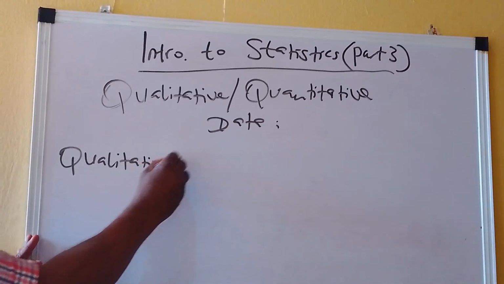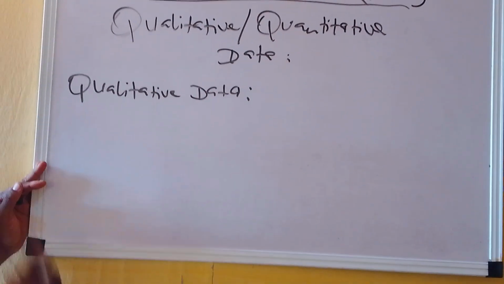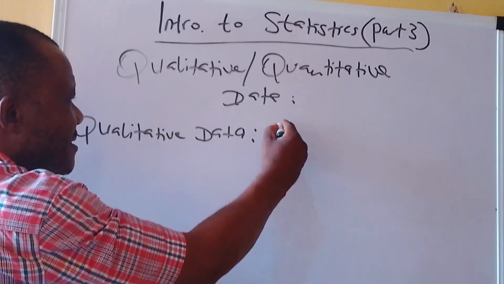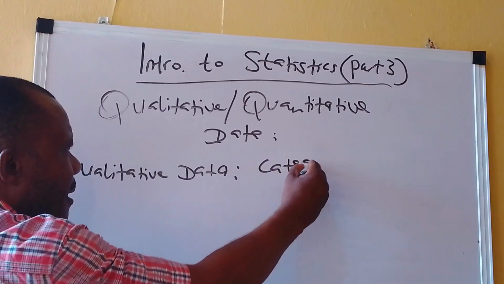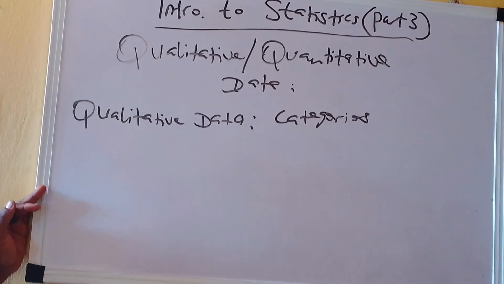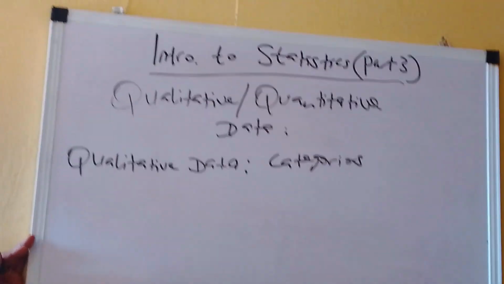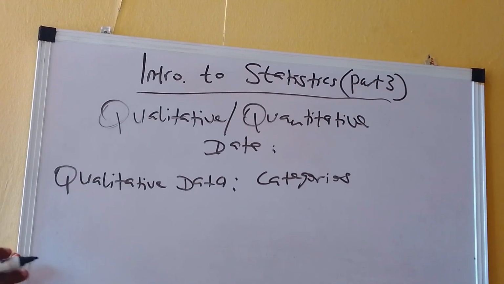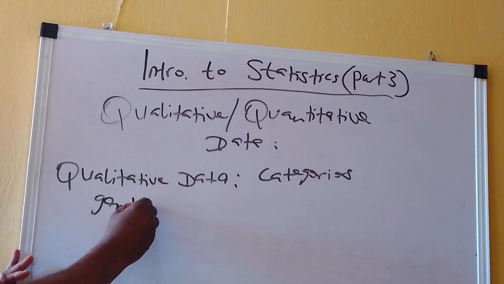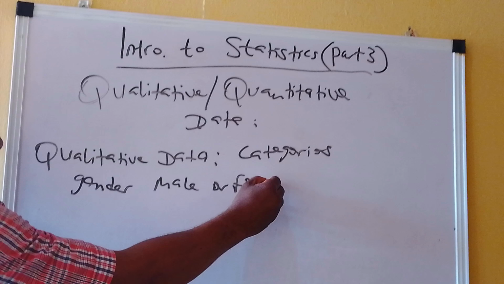Qualitative data. These are data that are given in categories. They are measured in categories. They are categorized data. Now, when data are categorized, for example, you have gender. Gender can either be male or female.